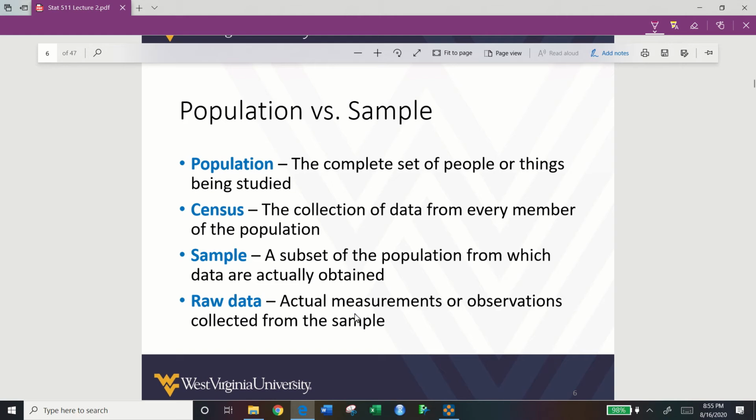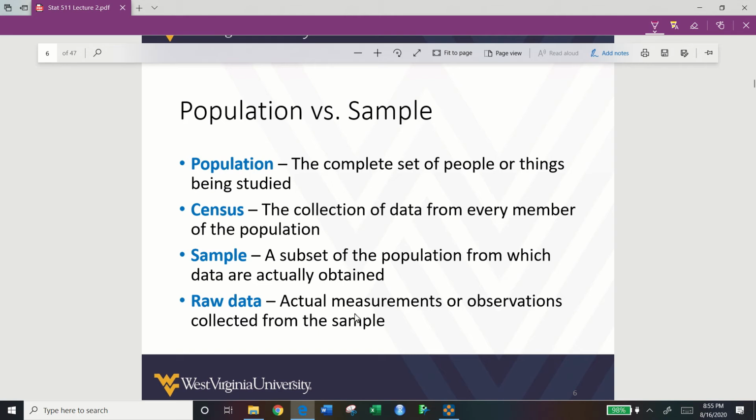If you think about all of the elections that occur, if you read the news or watch the news, you'll often hear the news reporters talk about polls. Those polls are samples, and they use samples to make inferences about the population. So the sample information is used to predict or inform about the entire population.